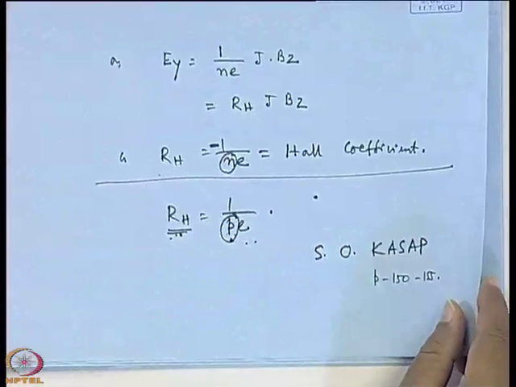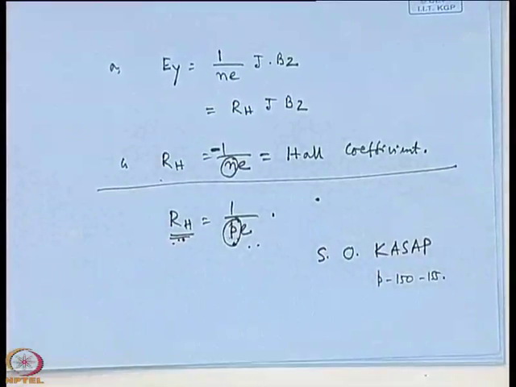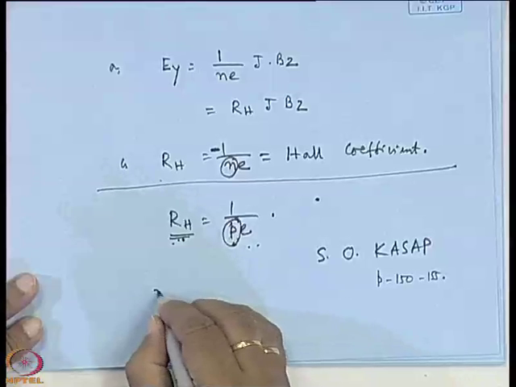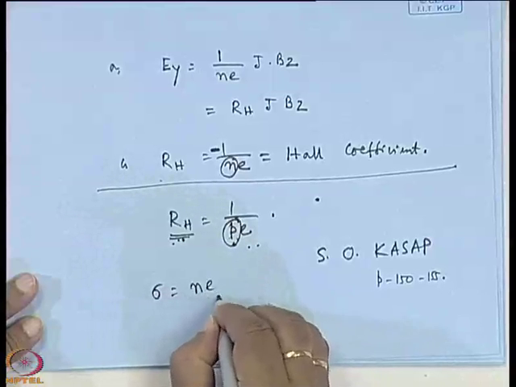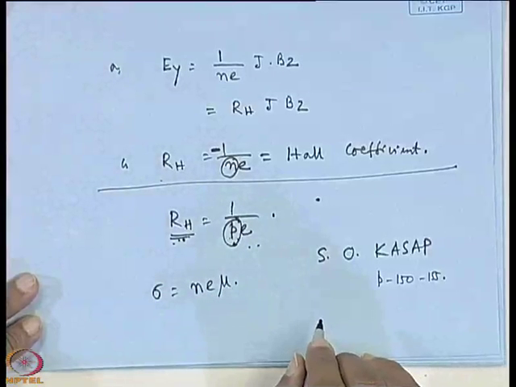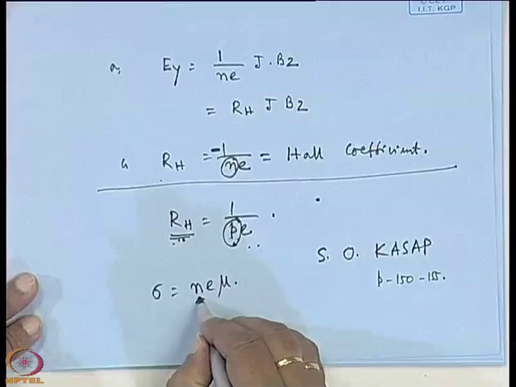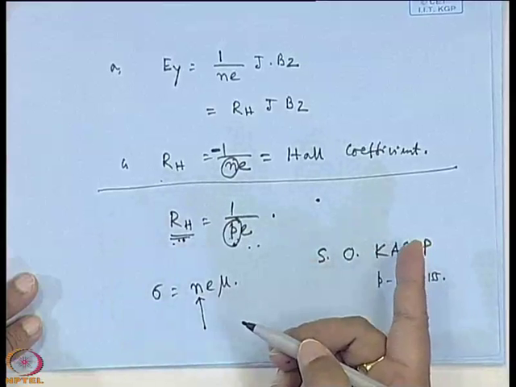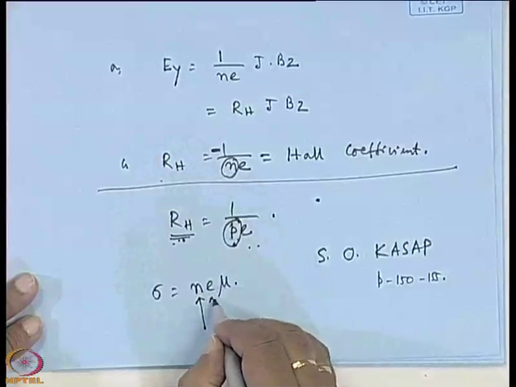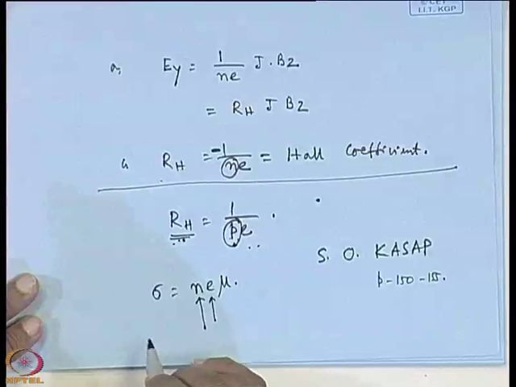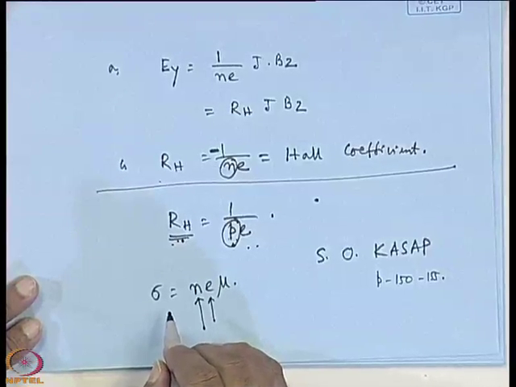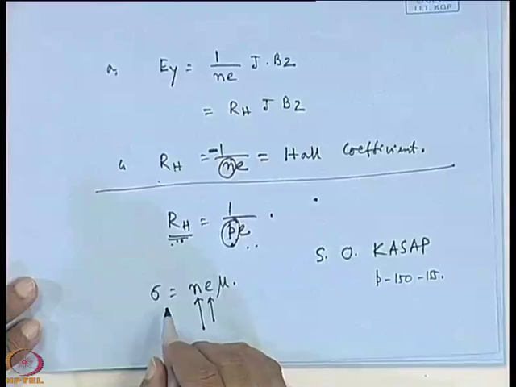Okay. Now, let us discuss about the mobility. You know that sigma equals N E mu. N you can calculate from the Hall effect. E is the electronic charge. And what is sigma? Sigma is the conductivity, it is inverse of resistivity, and resistivity is measured from the Van der Pauw or the 4-probe method.